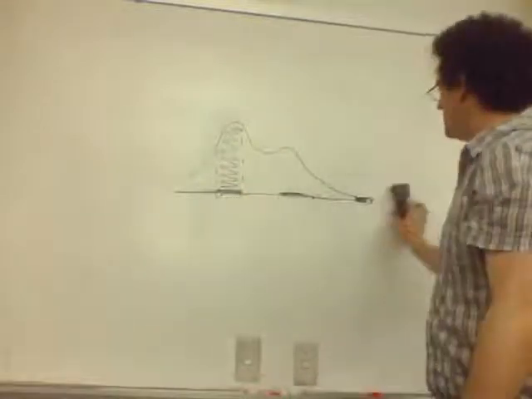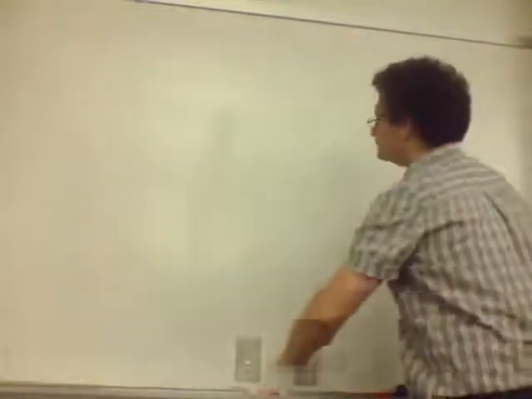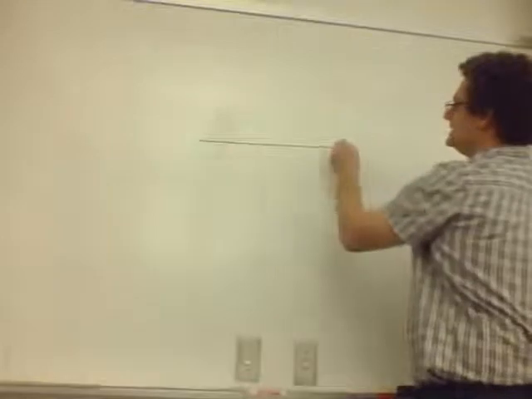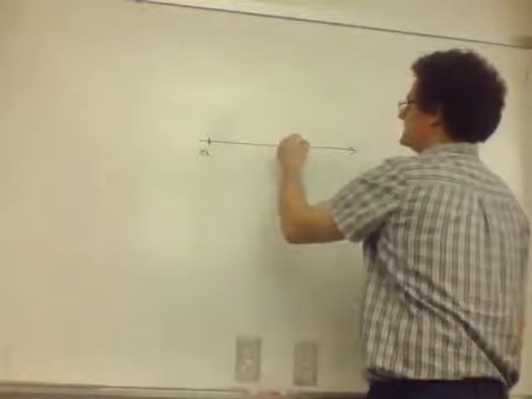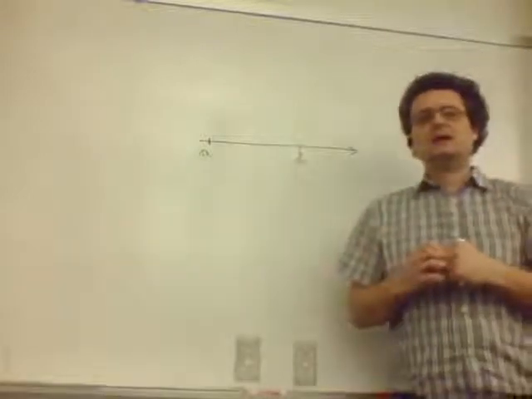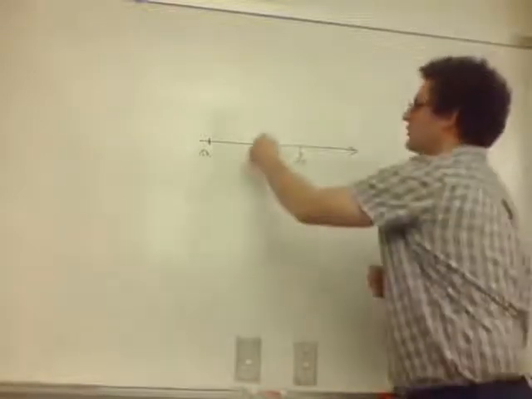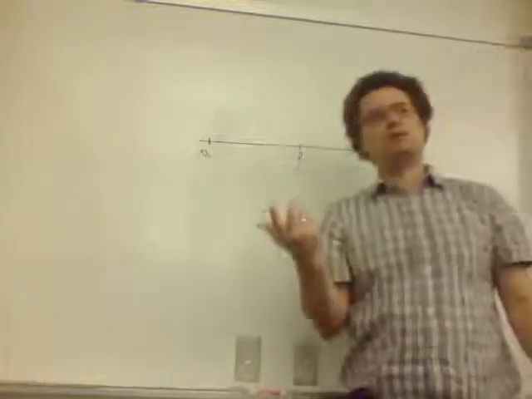Okay? Now we will talk about uniform distribution. So uniform distribution is the one that can take values between two numbers, let's say A and B, but in some sense all points are equally likely. Now there is a problem.